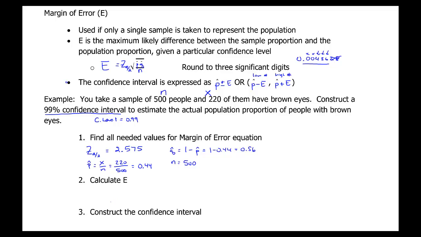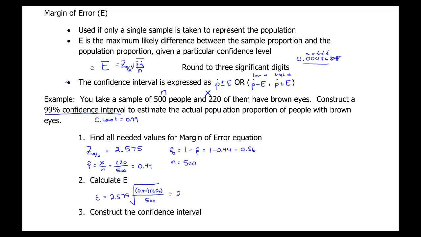Now we can plug them into the equation. So E equals z alpha, and then we have 0.44 for p hat, 0.56 for q hat, 500 for sample size.